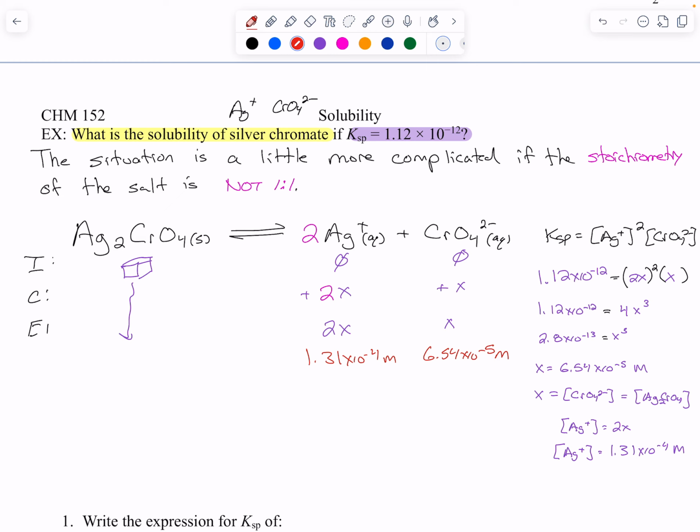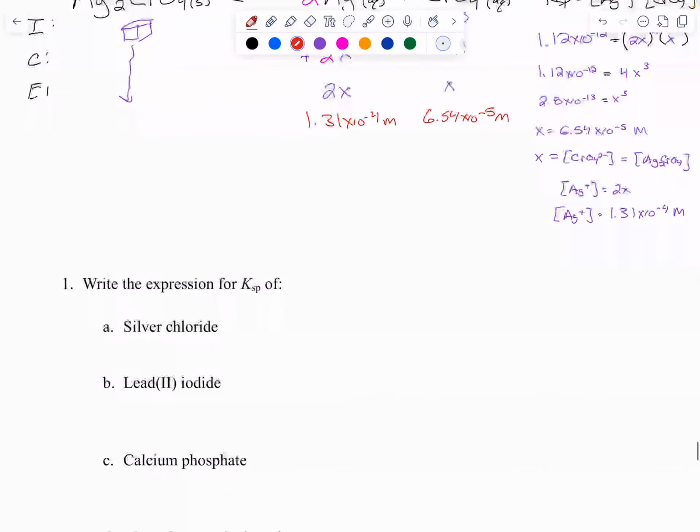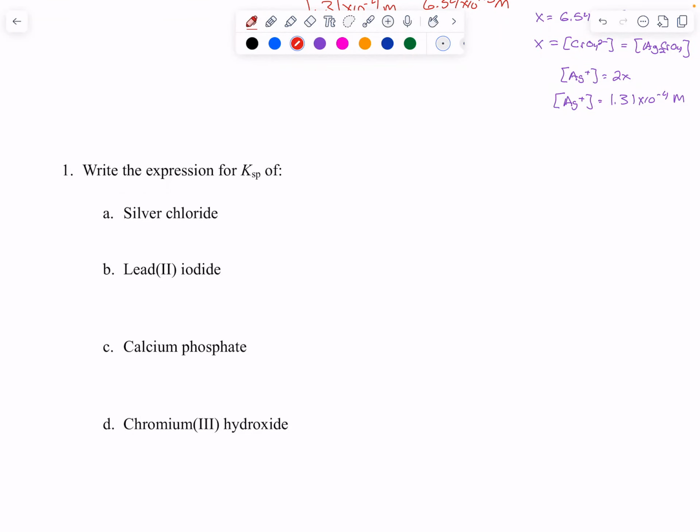All right. So now let's do a couple examples. Write the expression of Ksp of these compounds. So silver chloride, again, Ag plus, Cl minus, right? And so I would say this is AgCl.